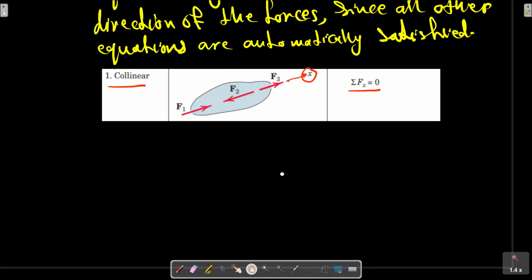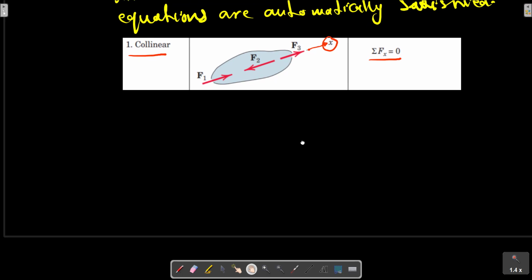The category 2, concurrent at a point. Consider this picture.